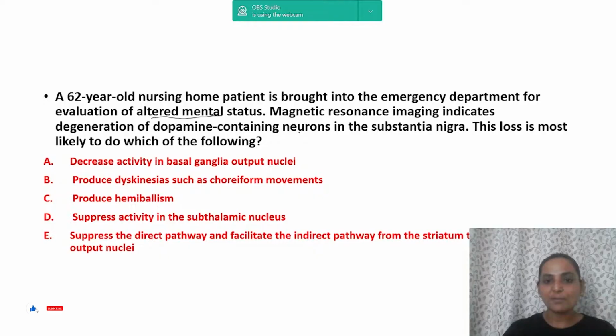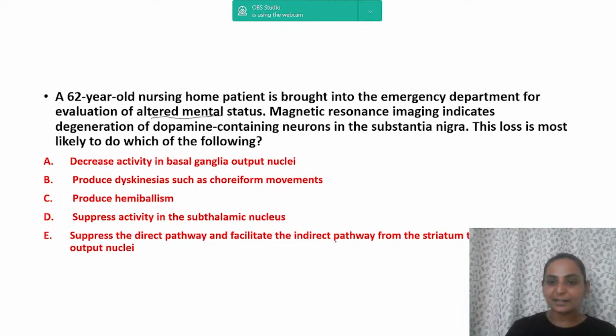This loss is mostly because of which of the following? A, decreased activity in the basal ganglia output nuclei, or it produces dyskinesias like chorea and hemiballismus; suppressed activity in the subthalamic nucleus; suppresses the direct pathway and facilitates the indirect pathway.